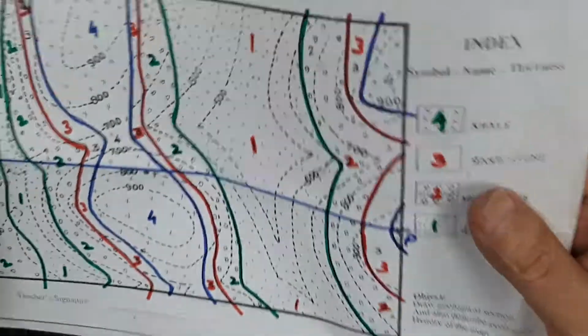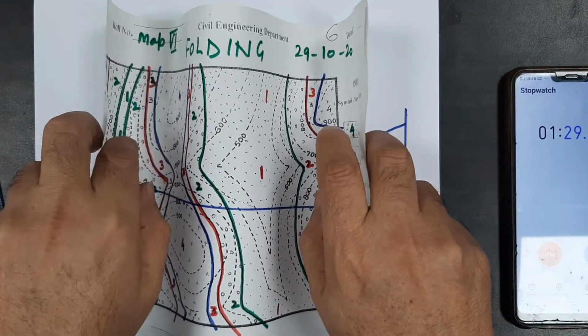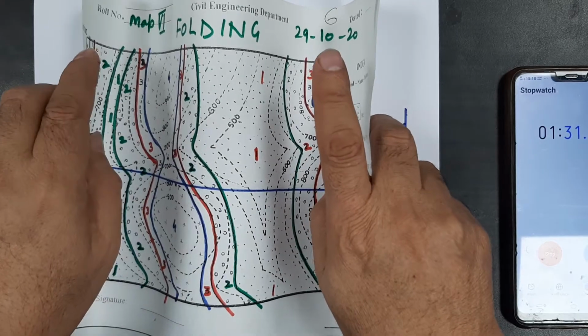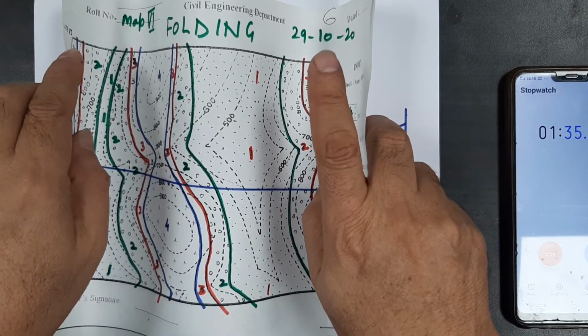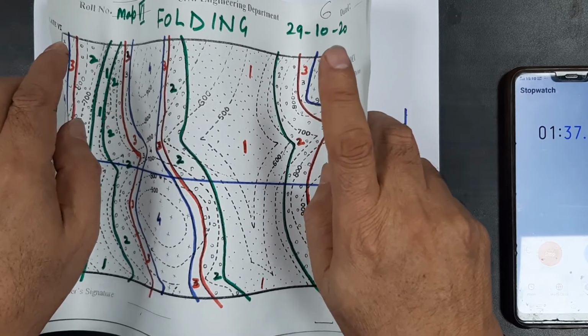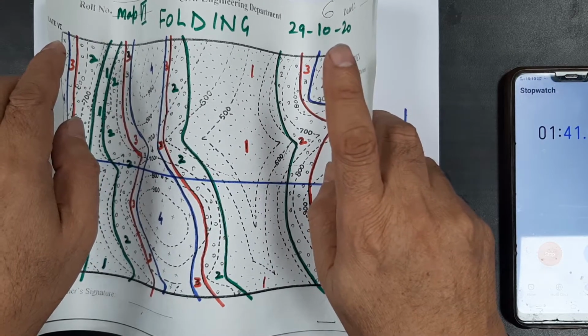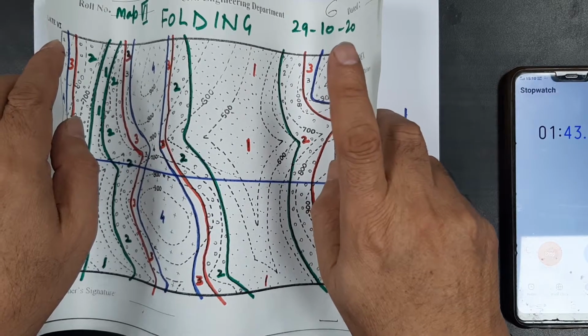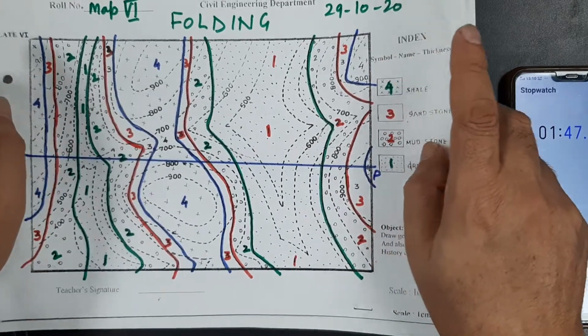This is a fold. So in this case you may have different anticlines and synclines like this. You see there will be continuous change in the direction of the dip of the rocks. Sometimes the angle may also change. Direction is definitely changing.